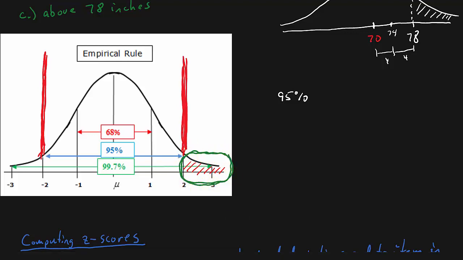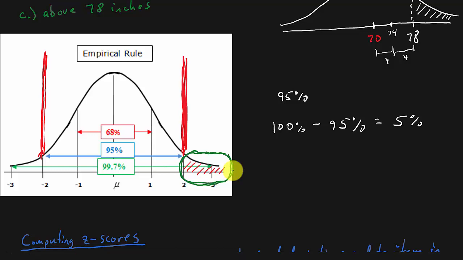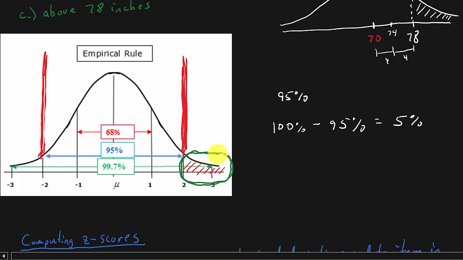Well, that means that 100% minus 95% is equal to 5%. That's what's left over. Because if you remember earlier, I told you the area under this entire curve is 1. Okay? So the 5% is left over. And that 5% is the area under this piece and this piece combined.